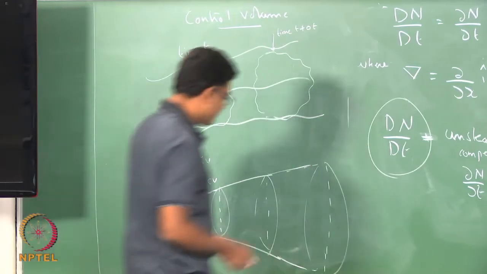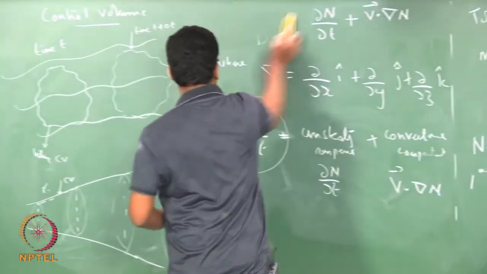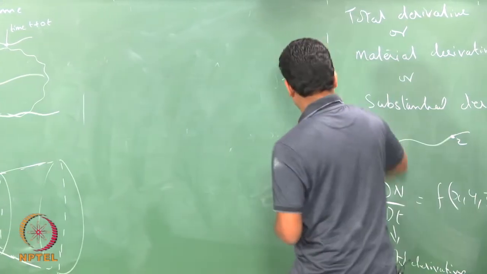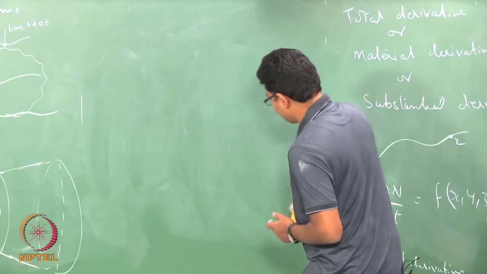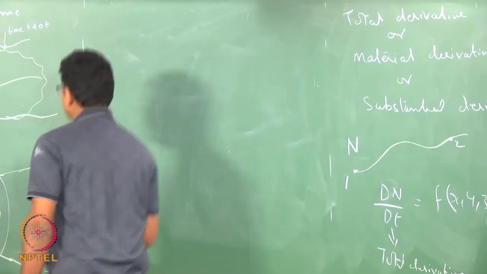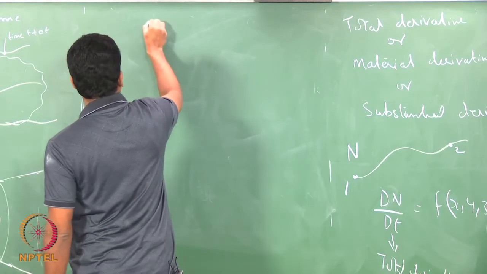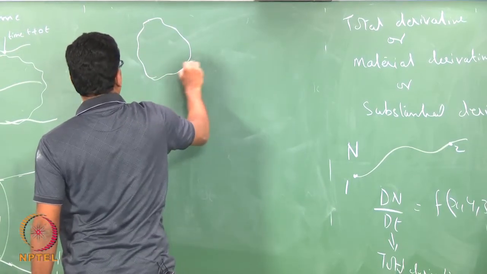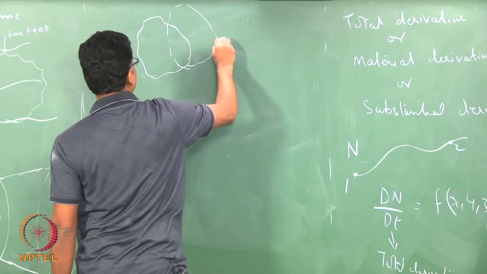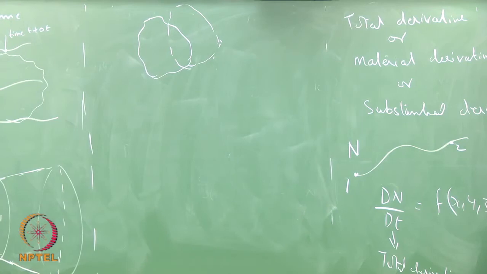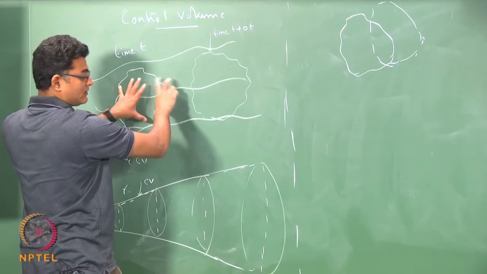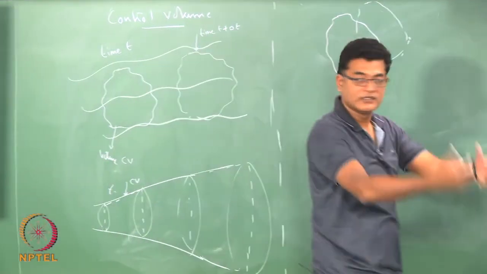Now, we are going to look at a time where this delta t is small. If this delta t is small, my arbitrary control volume would have moved a distance in such a way that there is an overlap of region. So, if delta t is very small, this control volume would have moved a little bit and that will overlap with the other volume.